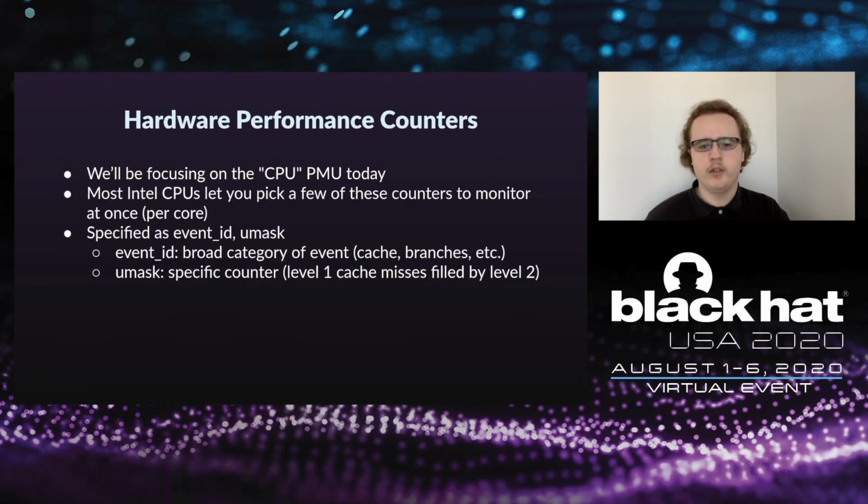You specify what you want to measure to the processor as two 8-bit integers: an event ID and a UMask. Broadly speaking, the event ID is the category or subsystem that you want to measure, so the branch predictor or the caches. And then the UMask specifies exactly which counter you're interested in within that, so L1 cache misses or conditional branch mispredicts.